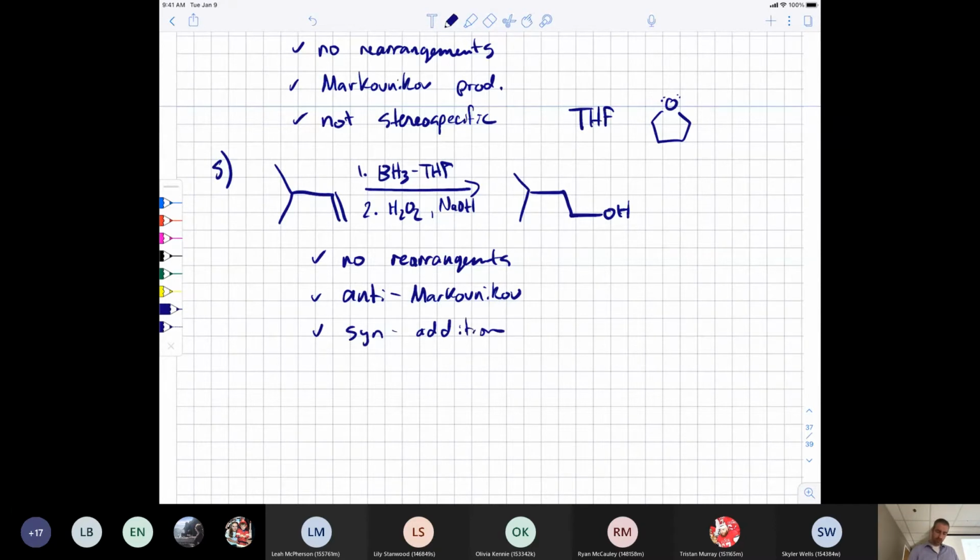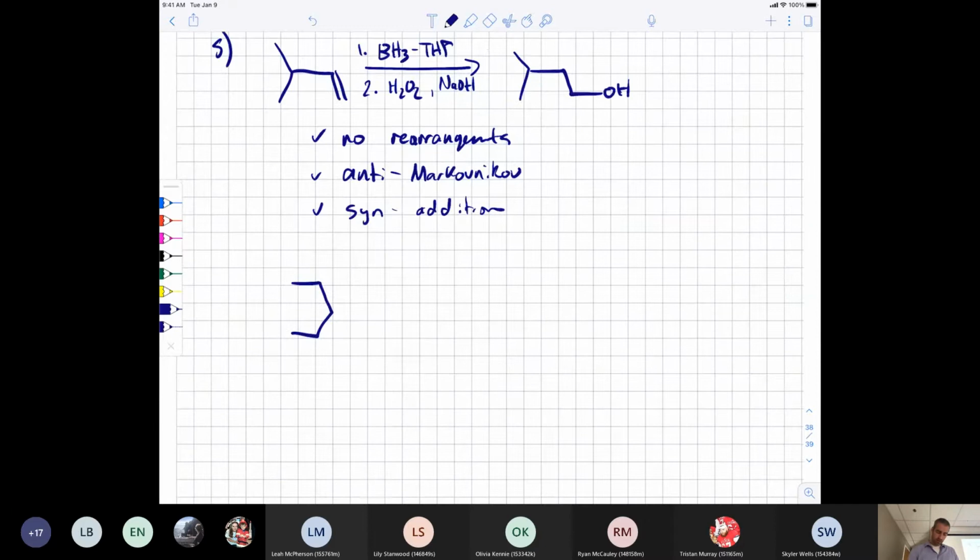So that means if you have an alkene like this, for example, it's another set of conditions which is the same as BH3·THF, which we would say is B2H6, diglyme.